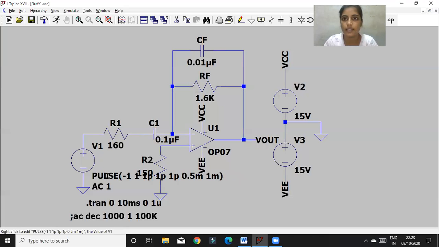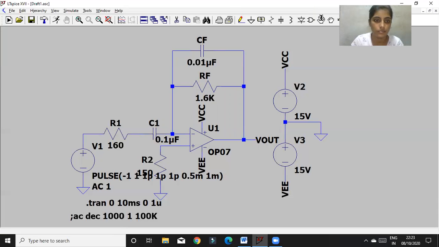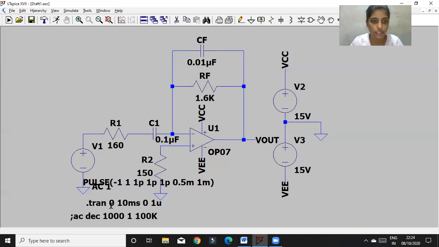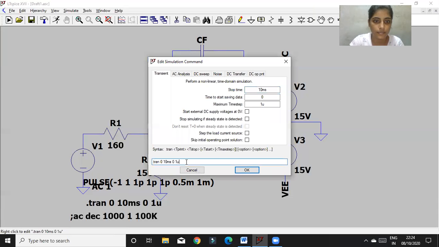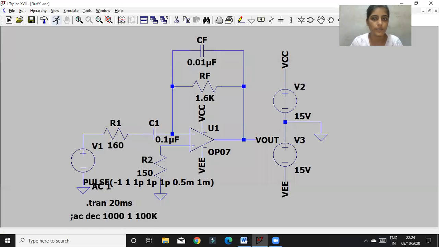I just change it slightly, and I change my transient time to let's say 20 milliseconds, and I run this.